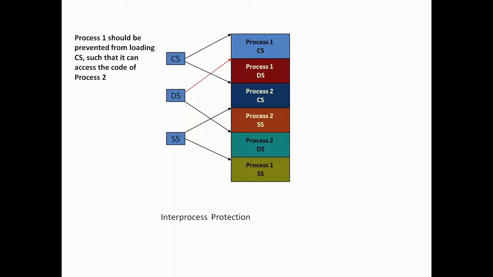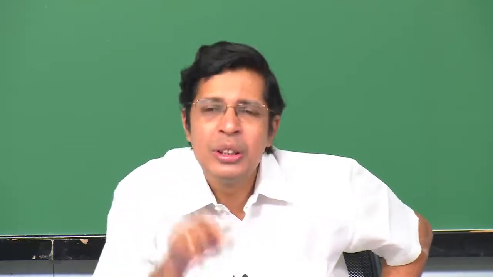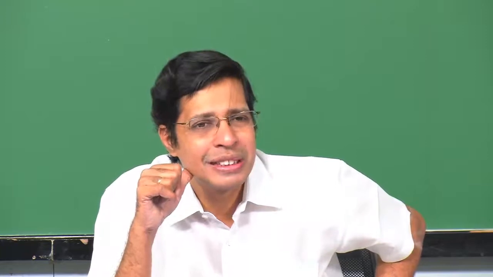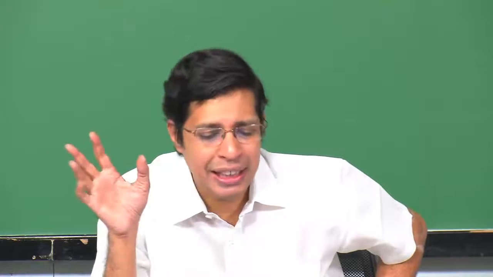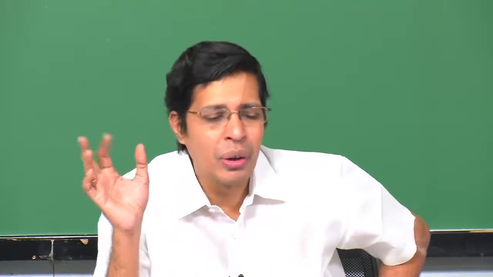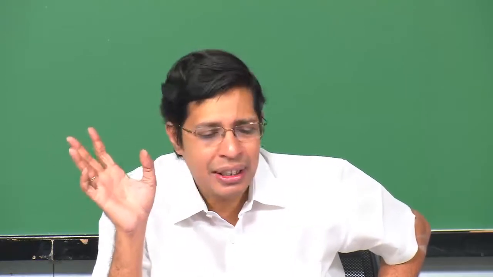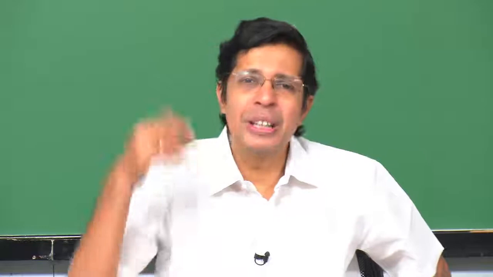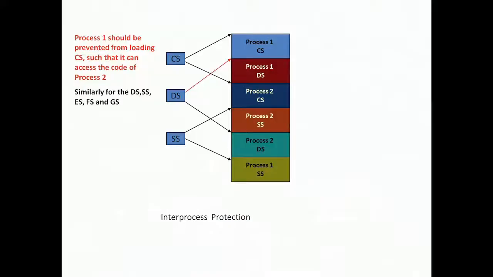If, when I am executing process 1, I am able to load the code segment corresponding to process 2, or if I am able to load that index into the descriptor table which is pointing to the code segment of process 2, then I can access process 2. I can access process 2's data or whatever, right. So process 1 should be prevented from loading the code segment corresponding to process 2, or loading the data segment, or loading any other segment corresponding to process 2, right.